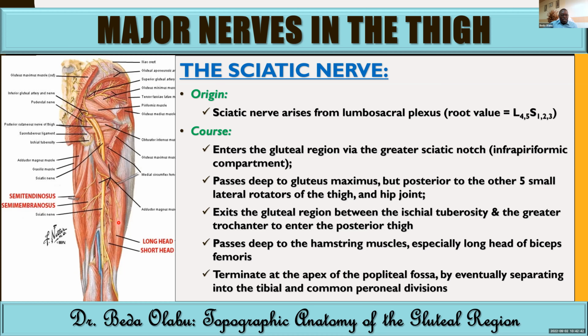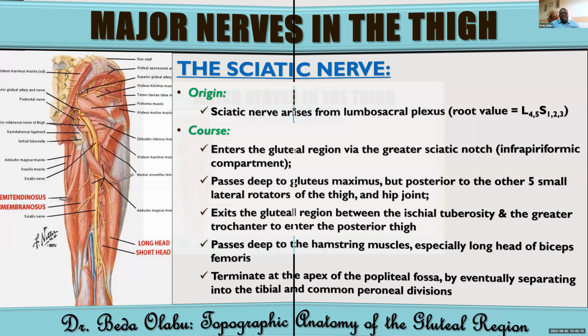The nerve goes all the way to the apex of the popliteal fossa, where it eventually separates into 2 divisions: the tibial division going almost straight through the popliteal fossa, and the common peroneal division taking an almost lateral tangent, running on the superolateral wall of the popliteal fossa. That's the course of the sciatic nerve.